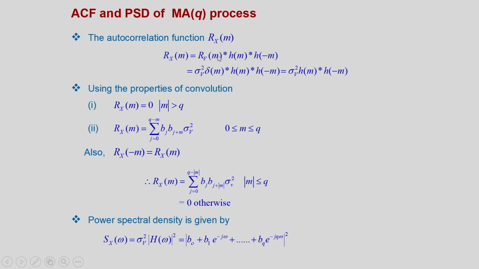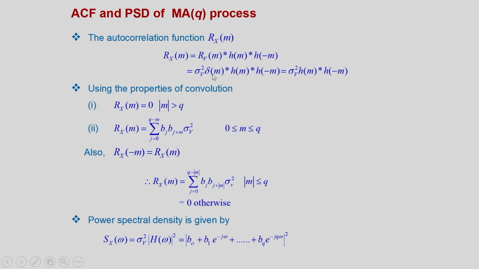Now, I know that R_v[m], because the input is white noise, is sigma_v squared delta[m]. Therefore, R_x[m] will be sigma_v squared delta[m] convolved with h[m] convolved with h[-m]. But this is a delta function, and any function convolved with it gives the same function. Therefore, this will be sigma_v squared h[m] convolved with h[-m]. Now, use the properties of convolution.